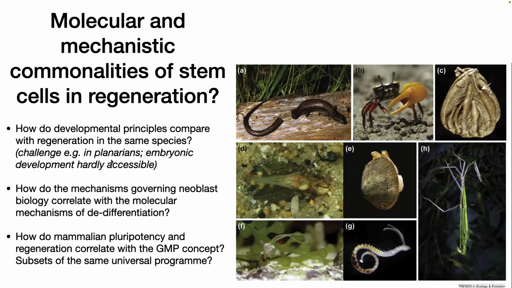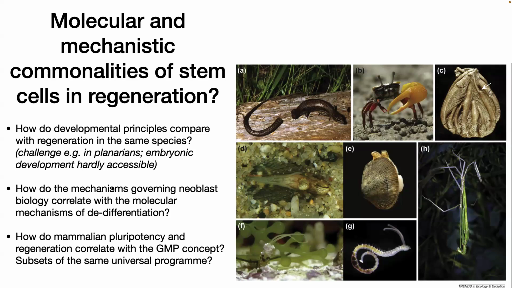We've seen in the planarians this phenomenon of these ubiquitous pluripotent stem cells, the neoblasts. I've shown you in the annelids a counterexample of stem cells forming by reprogramming from differentiated cells. And so one can also ask, is there anything these cells have in common?